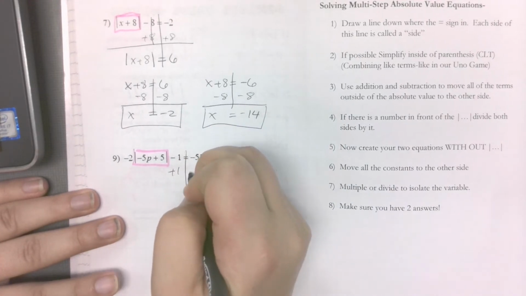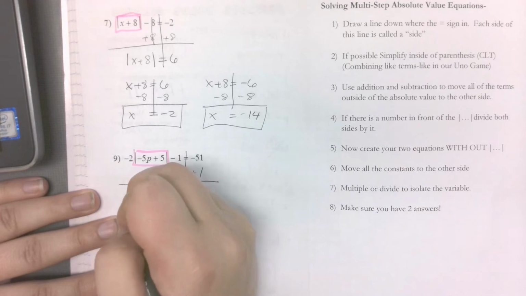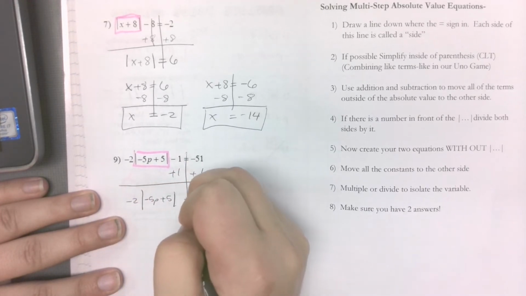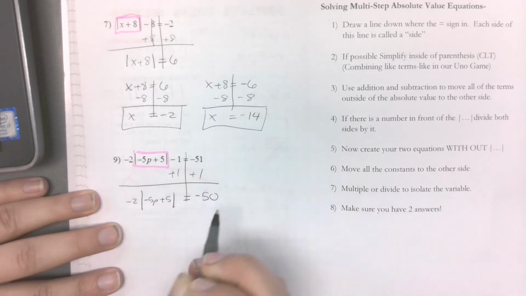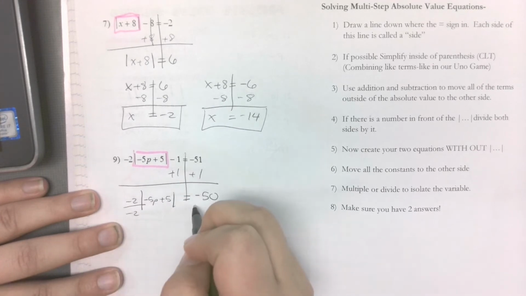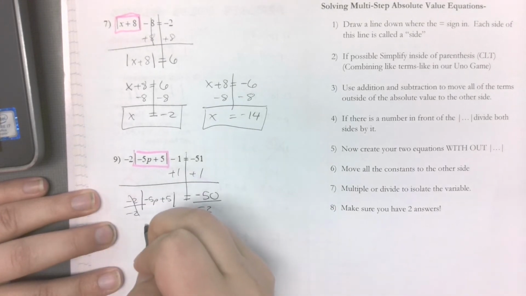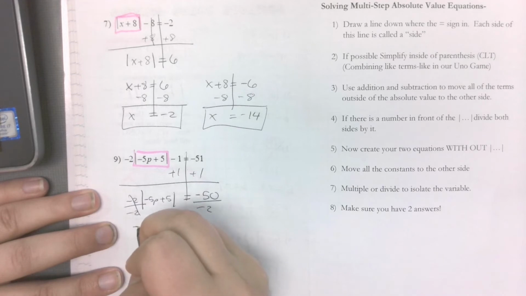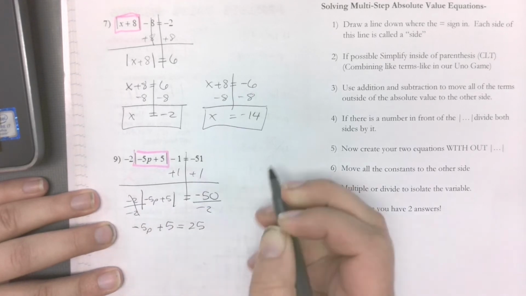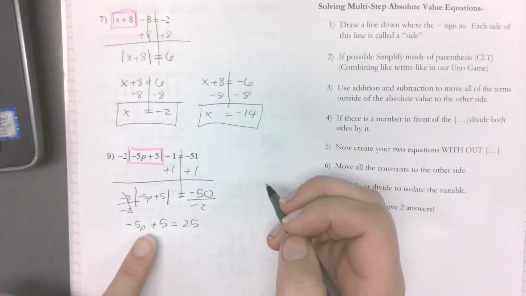So plus 1. To get rid of the negative 2, this is multiplying to this whole group. So we divide by negative 2. Set up my two equations.